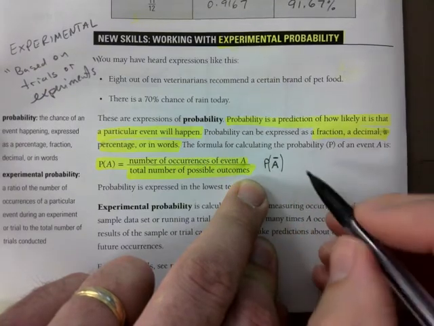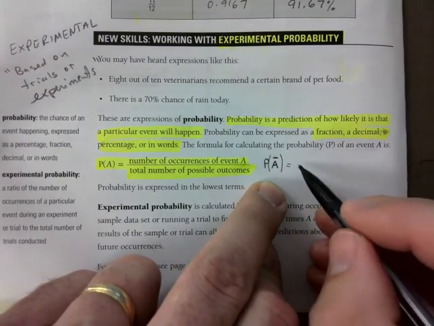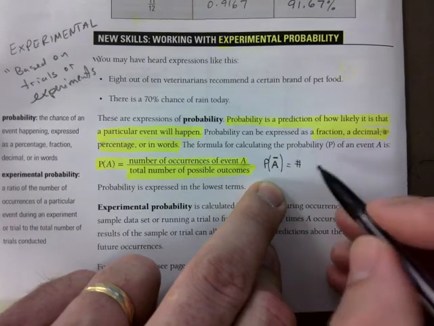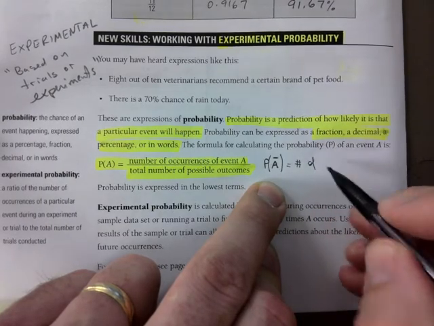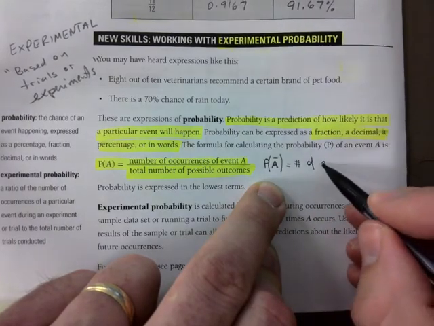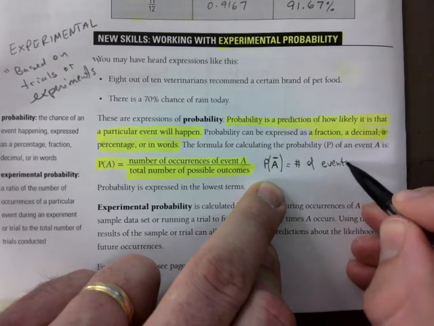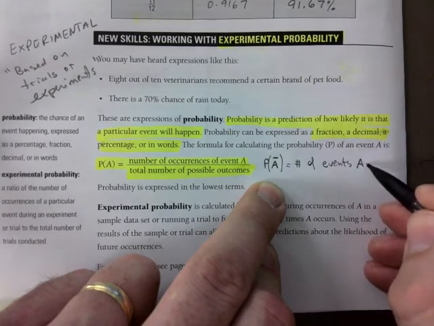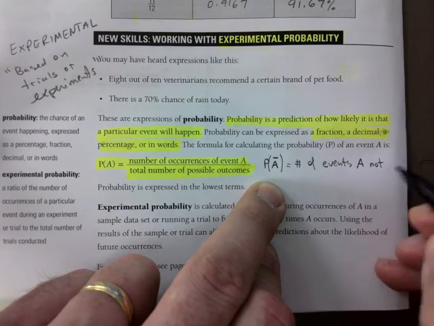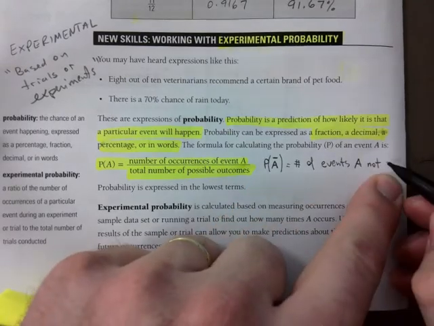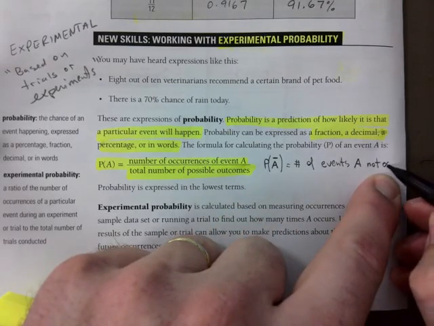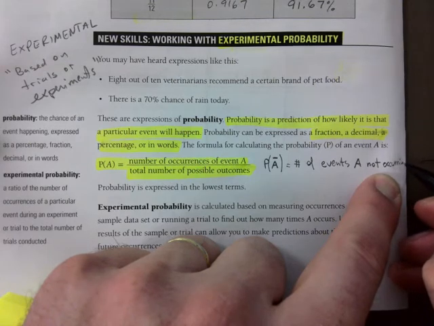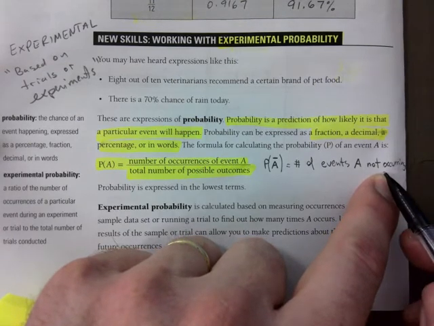Okay? Just say number of events where A is not happening. Sorry, it says not occurring. Okay?